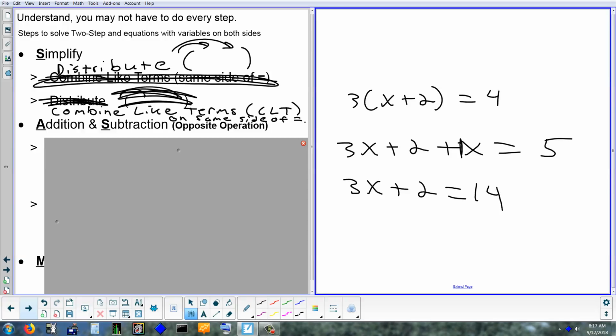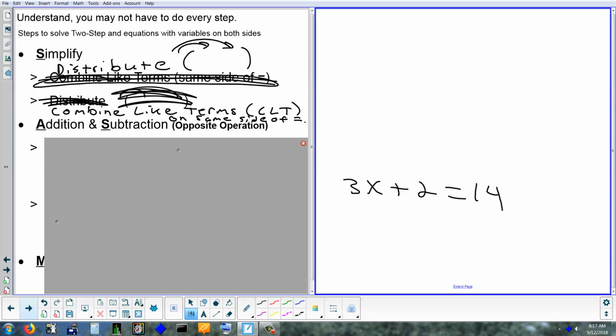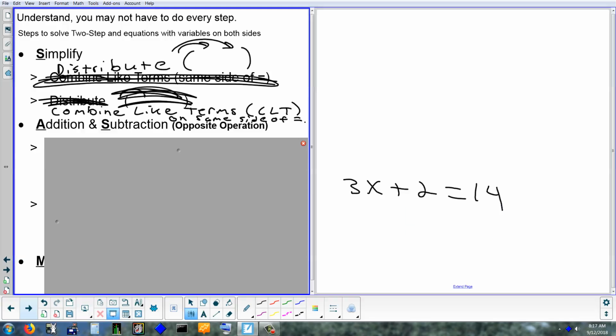Don't have any like terms there. But there is some adding and subtracting I can do. Okay, I can move the 2 to the other side using subtraction. So I wouldn't worry about the 3 yet, because we can't get rid of this 3 with addition or subtraction. We can get rid of it with something else, but we're not there yet.